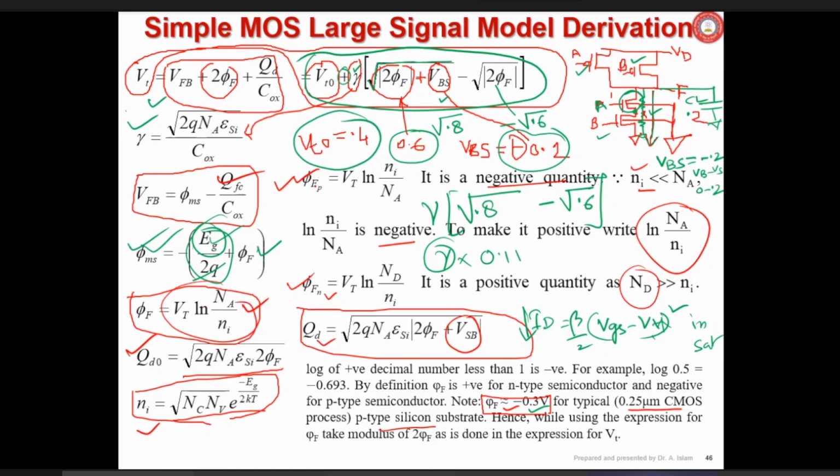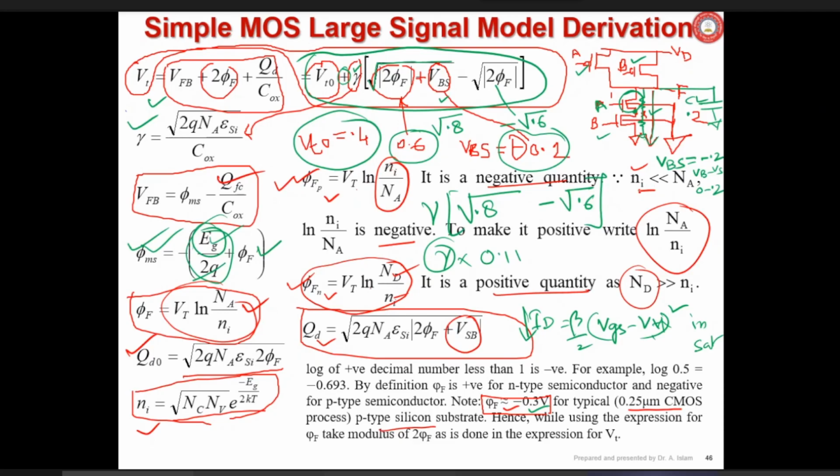But if you consider specifically a P type substrate, it is Vt natural log ni by Na. If it is an N type substrate, then it is Vt natural logarithm of Nd by ni, right? So this is higher than ni, so it is a positive quantity for P MOSFET because the substrate there is N type, and for P type substrate, that is N MOSFET, it is going to be ni by Na.